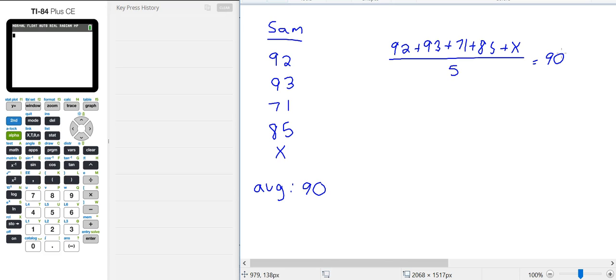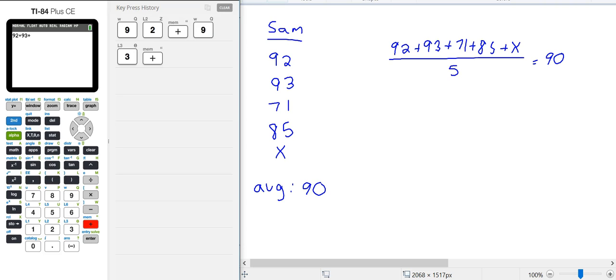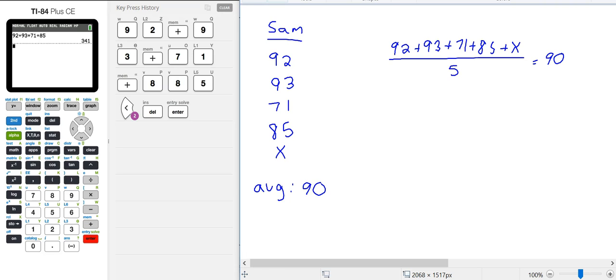So to solve it for X, let's first combine the 92, the 93, the 71, the 85. 92 plus 93 plus 71 plus 85 is 341. 341 plus X over 5 is 90.